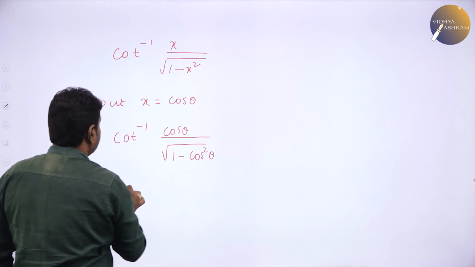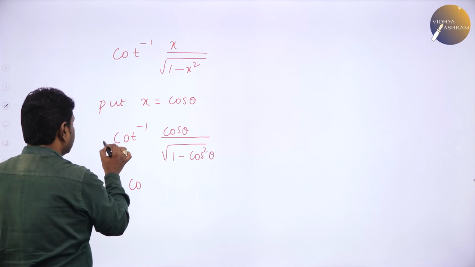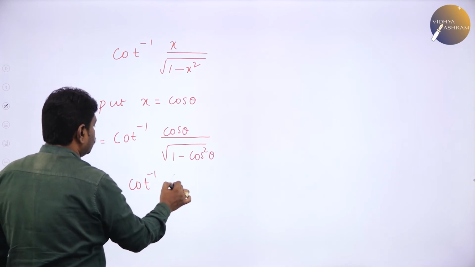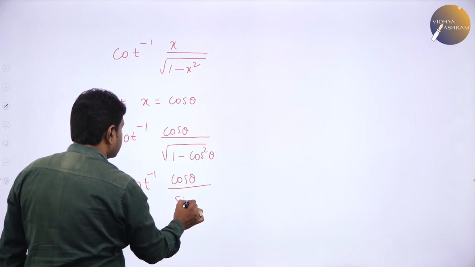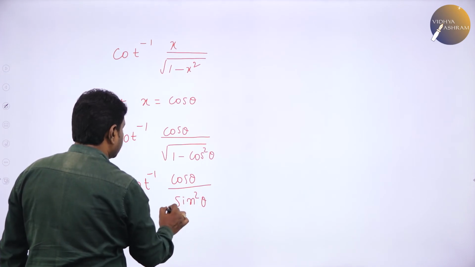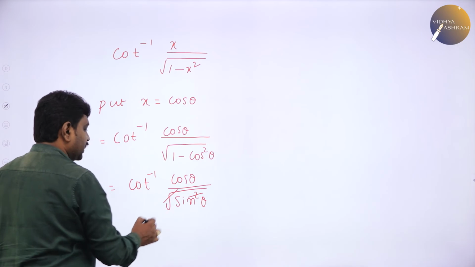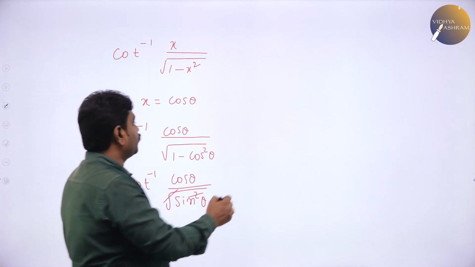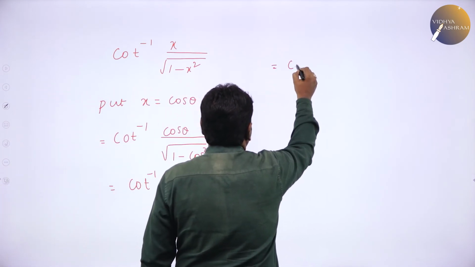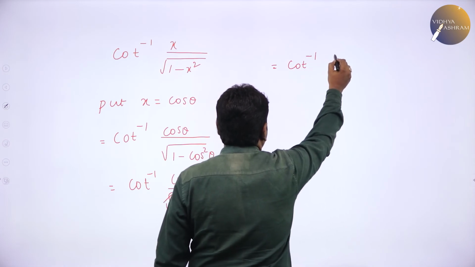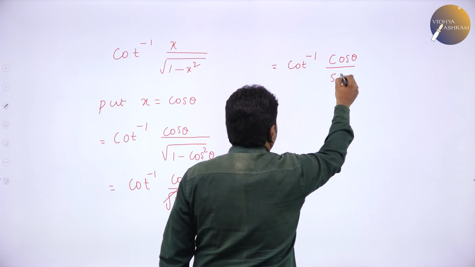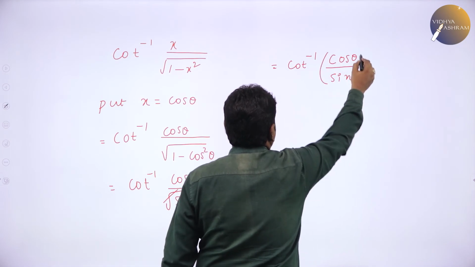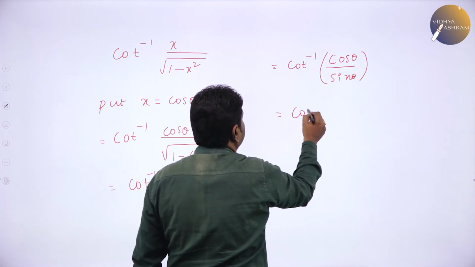All of you know 1 minus cos square theta is equal to sin square theta. So cos theta divided by root of sin square theta. Square root cancels. Now we are left with cot inverse of cos theta divided by sin theta, and cos theta by sin theta can be written as cot theta.